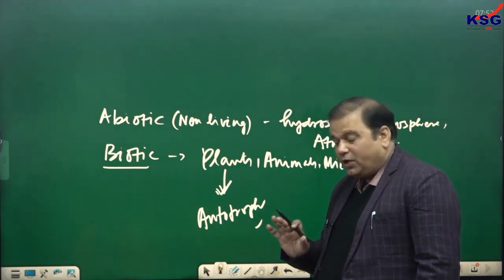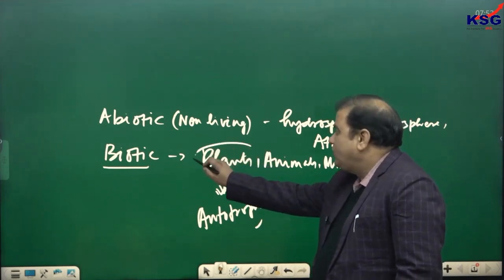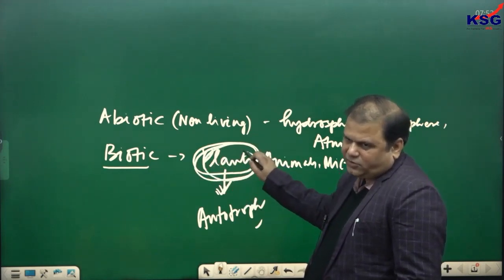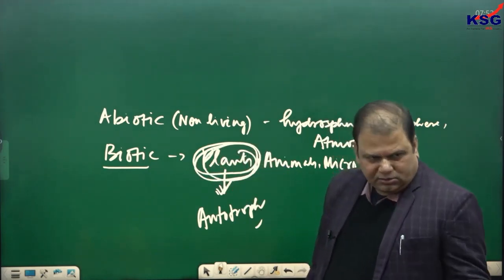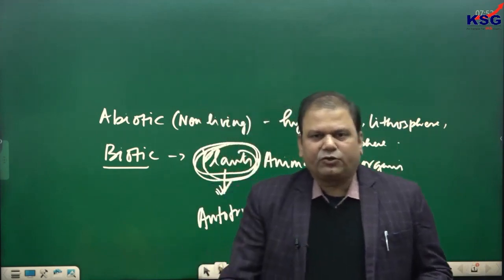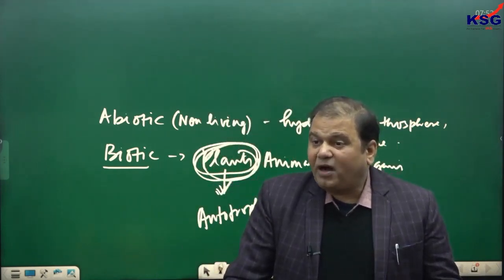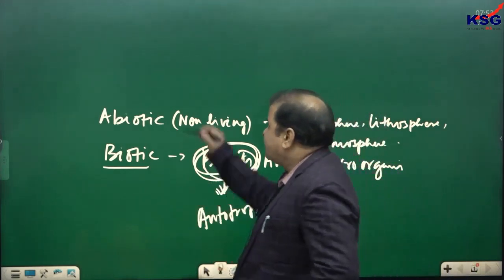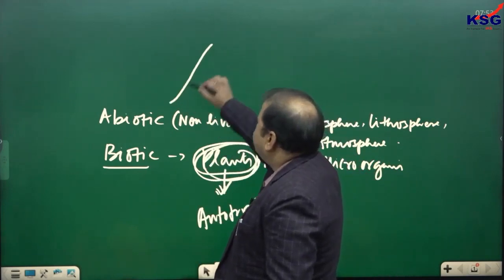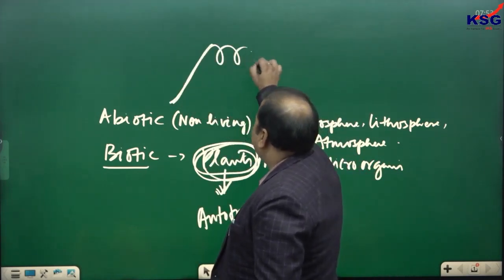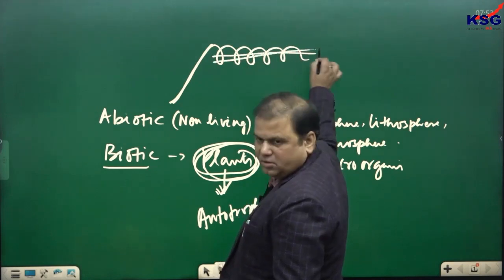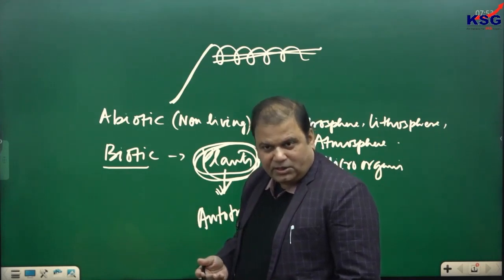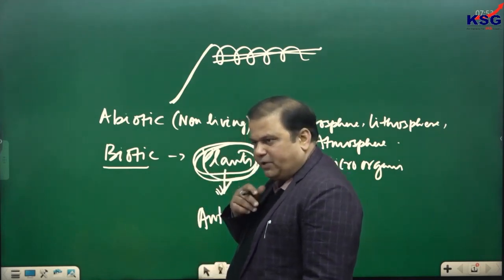But do remember that it's not only plants that are autotrophs. There are many agencies which can be called autotrophs. One is algae. Some bacteria can be called autotrophs, and modified vegetative parts can be referred to as autotrophs. For example, Tinospora is a weak stemmed plant, so it climbs upon another plant for mechanical support.